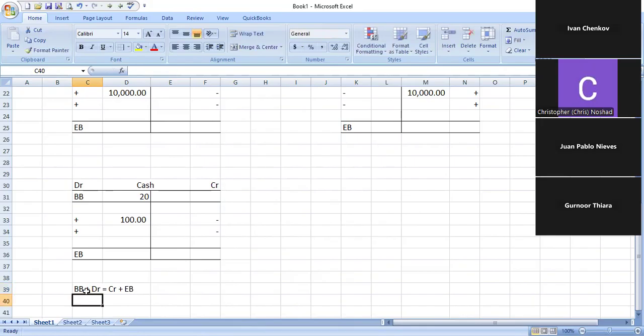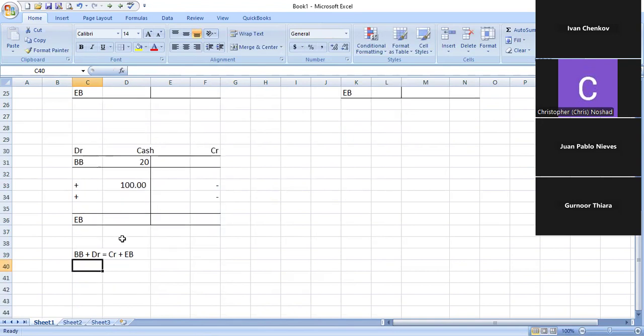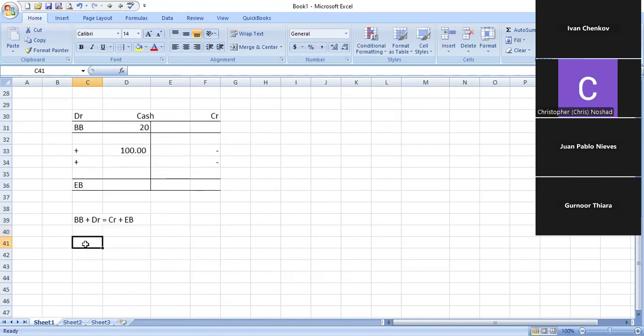Let's see if that is true, if this equation works. So beginning balance was 20. We withdrew 100. Then we spent 70. And the question was, how much is the ending balance?